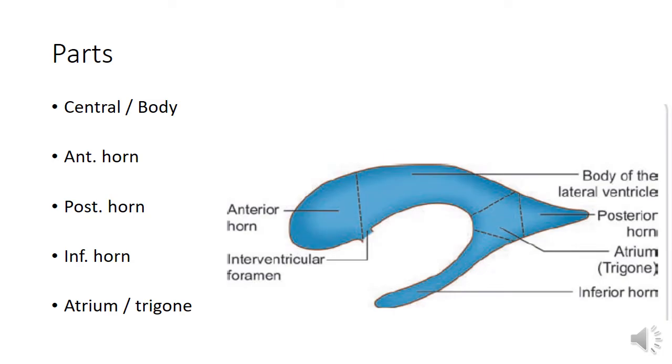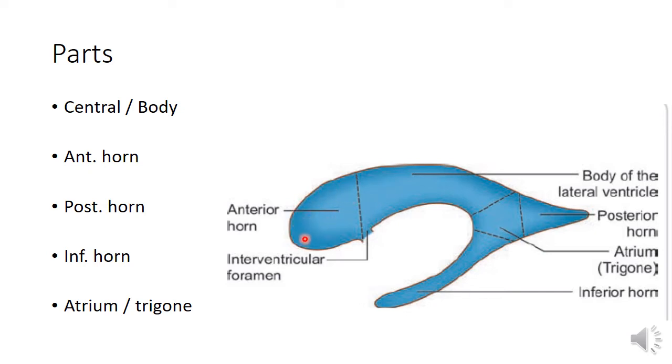The lateral ventricle, as we know, is situated in each one of the cerebral hemispheres. The lateral ventricle has got the following parts. The one which is present in the center is called the central part or the body of the lateral ventricle. There is a small projection from here.